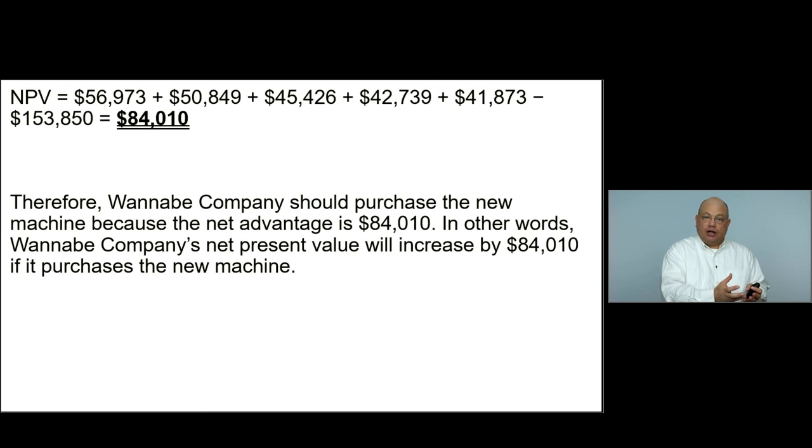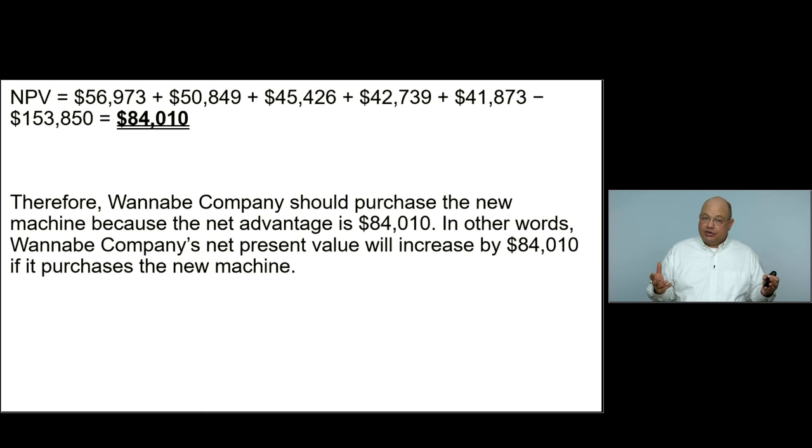Compare the total of the current machine, the total of the new machine, and compare the differences. We would get $84,010. But what we've done here is, instead of making 2 full calculations, we've made 1 full calculation by looking at the difference, those incremental cash flows from the decision of purchasing the new machine compared to the decision of not purchasing the new machine, or essentially doing nothing.